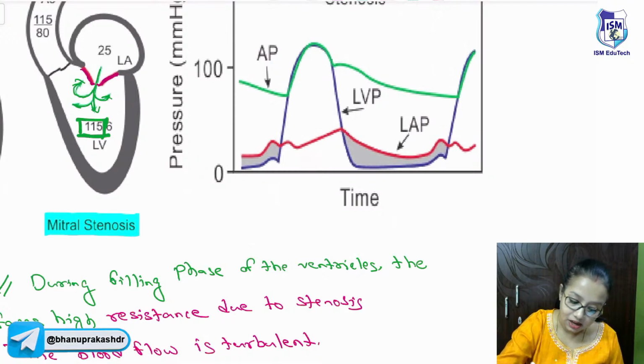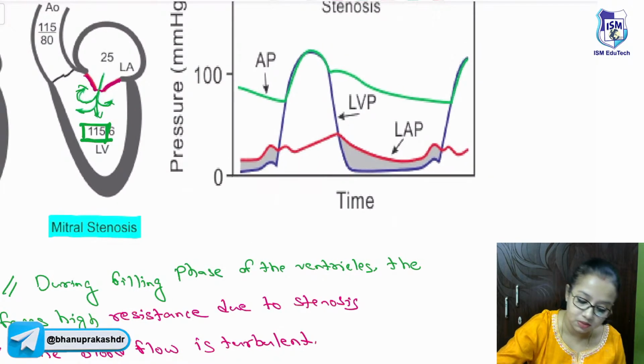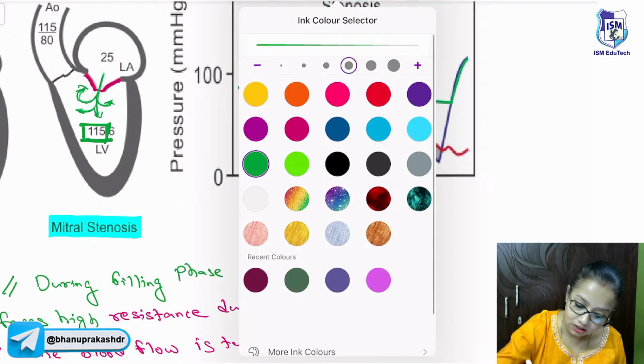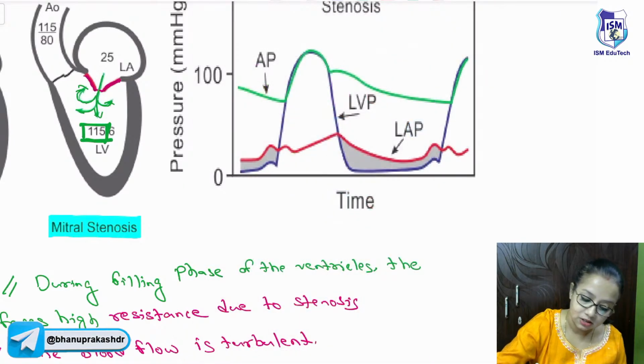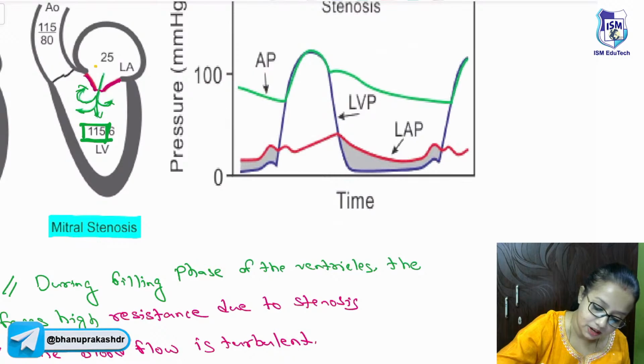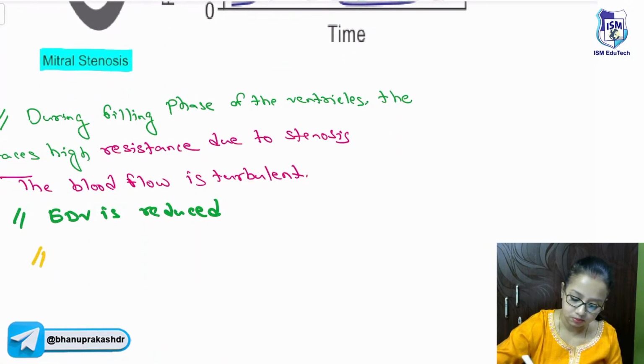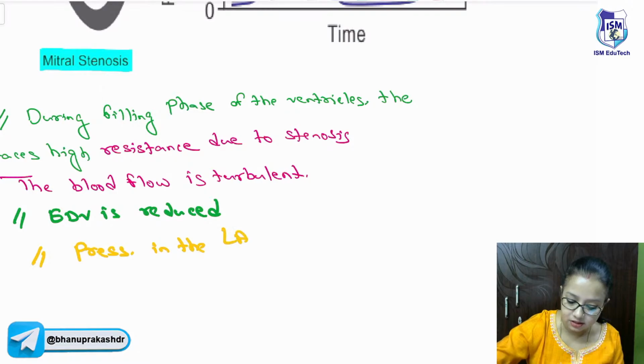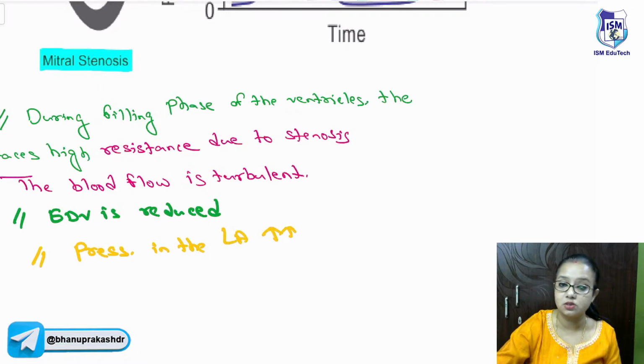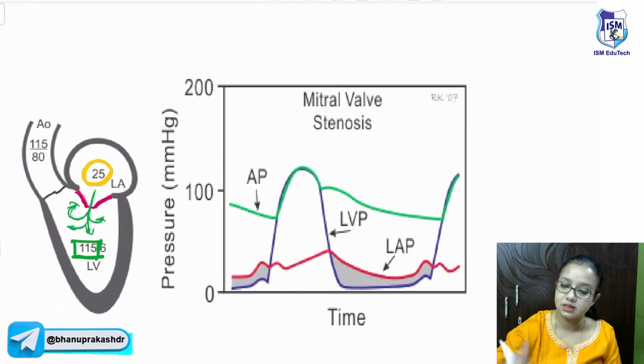And since again there is stenosis, not enough blood is flowing from the left atrium to the left ventricle. So there is always a build-up of blood in the left atrium. So pressure in the left atrium increases because of the stenosis. Not enough blood is able to come.